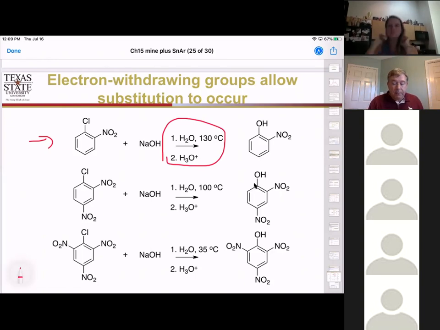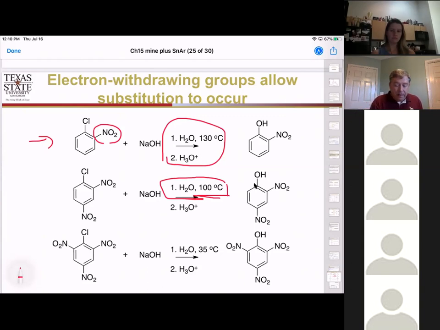Now, if one electron withdrawing group made that reaction possible, what happens when we add a second one? The second electron withdrawing group makes it easier to do it again because we're decreasing that electron density, and we can drop the temperature a little bit more, and our yields actually go up a little bit higher. But we're doing the exact same reaction. We're taking that hydroxide, a very good base, and displacing the chloride, which is a weaker base, okay?